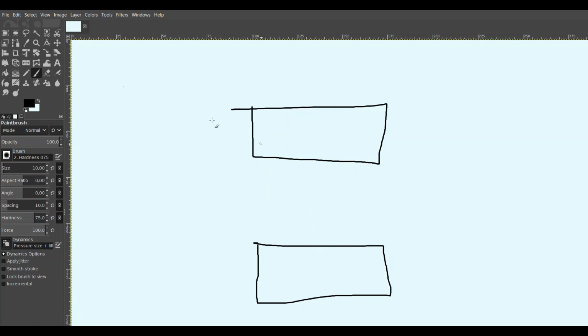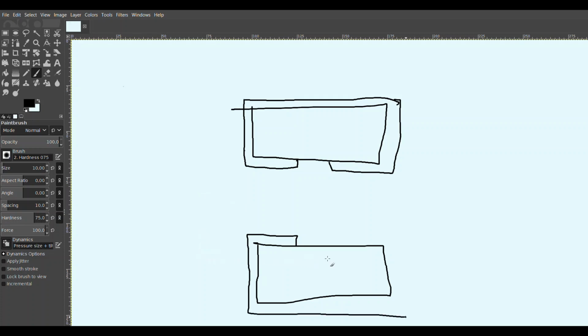Whatever. Oh, it actually displays quite well where the mouse is. That's actually very good. So what I'm drawing now is the electron lenses or magnet lenses or whatever you wanna call them.